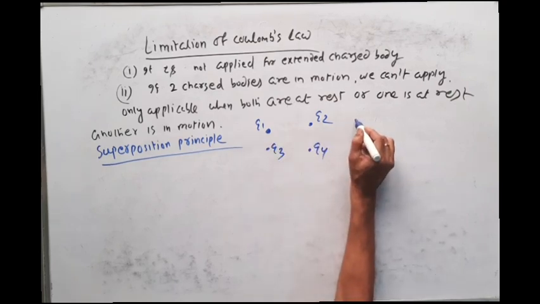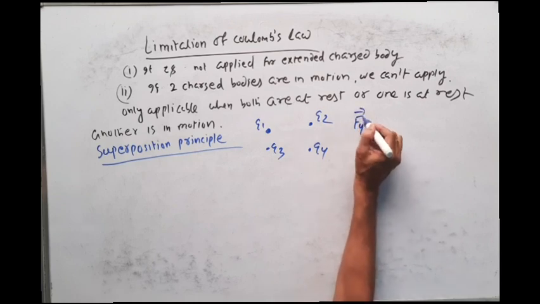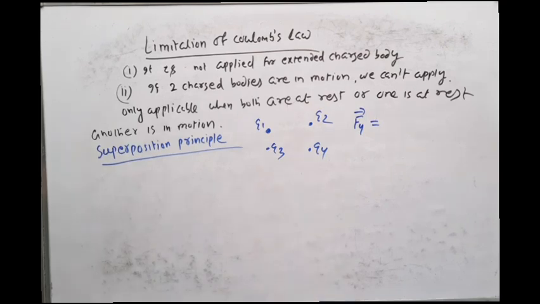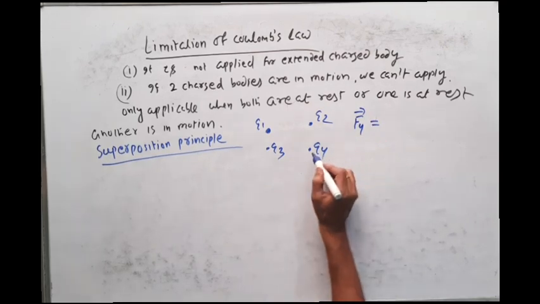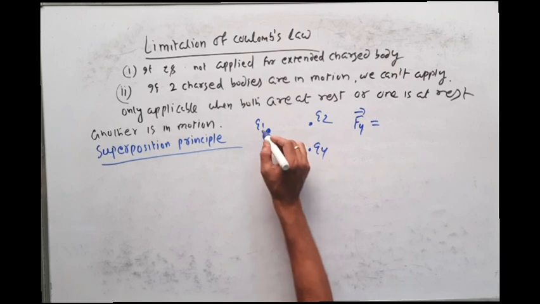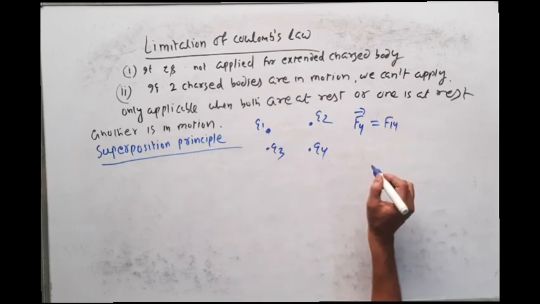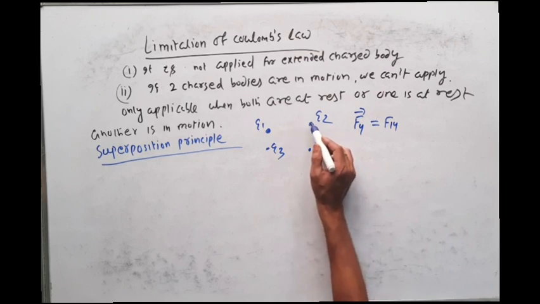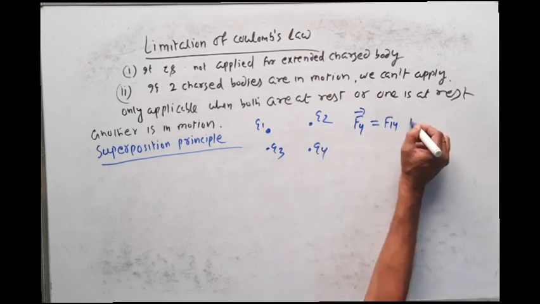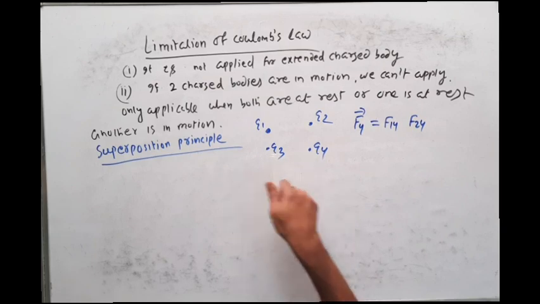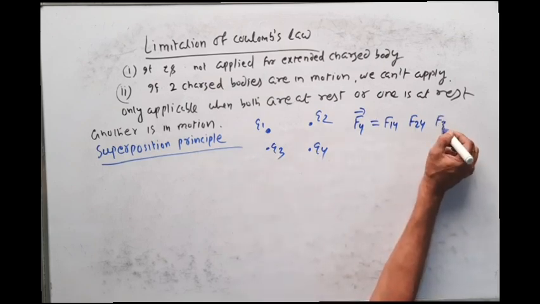I want to find the force on Q4 charge by the remaining three charges. So what we will do? First we will find the force on Q4 by Q1 charge, let us say that is F14. Then we will find the force by Q2 on Q4, let us say this is F24. Then you find the force on Q4 by Q3, let us say this is F34.